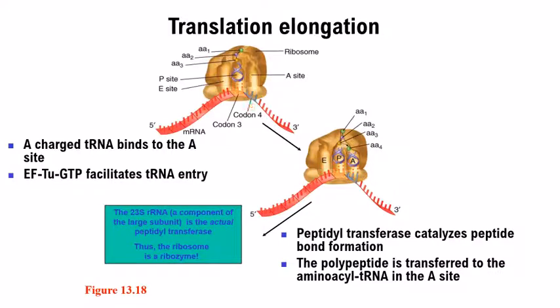This peptide bond formation is catalyzed by peptidyl transferase activity. Peptidyl transferase activity is present on the larger subunit of the ribosome, and it is actually carried out by the 23S rRNA molecule, which is a component of the larger subunit.